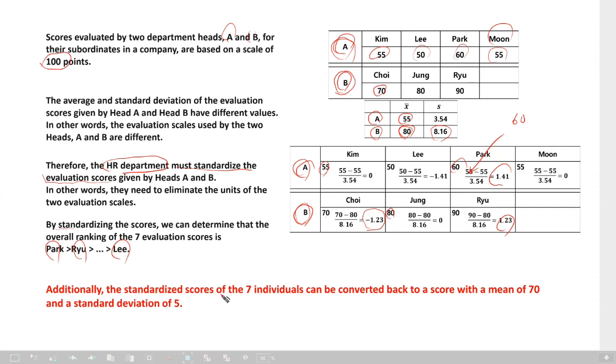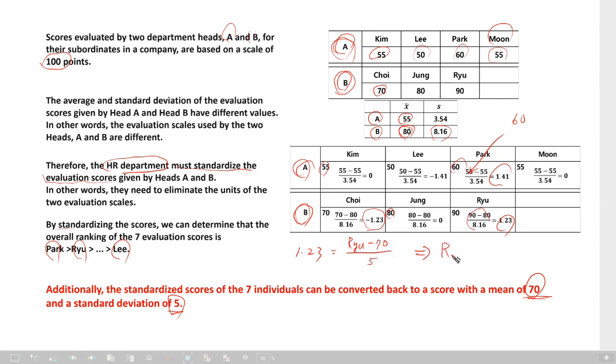Additionally, the standardized scores of the 7 individuals can be converted back to a score with mean 70 and standard deviation 5. In other words, in order to report to the CEO, the HR department can convert back to a score with a mean of 70 and a standard deviation of 5. For example, this guy, Liu, 1.23: Liu's score minus 70, divided by 5, equals 1.23.